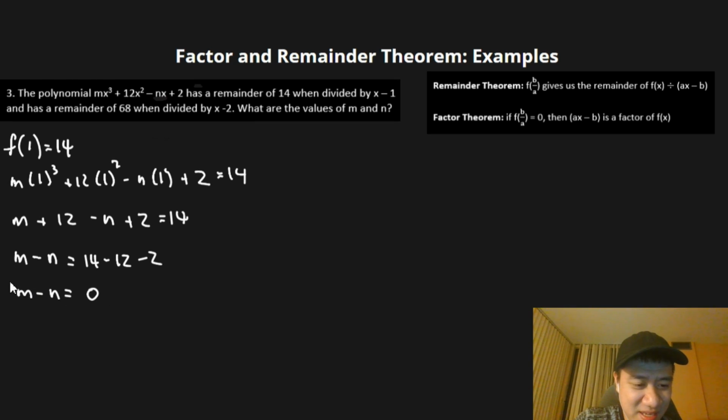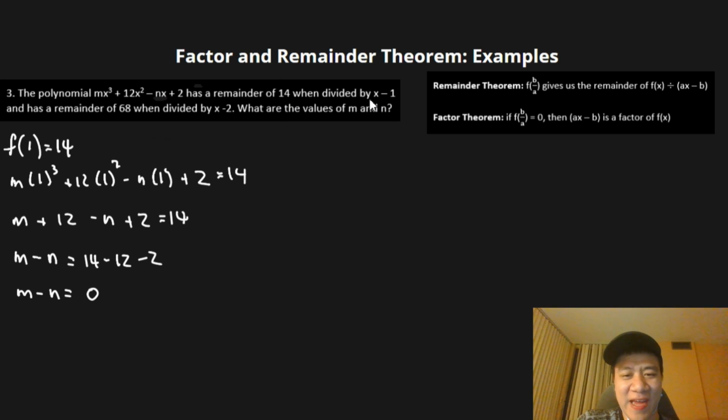That means that if we have another equation with also m and n in it, then we can use a system of equations or substitution to figure out what m and n are. And to get our second equation, notice how we got this equation by using this fact at the very beginning. We use the fact that when we divide by x minus 1, we get a remainder of 14.